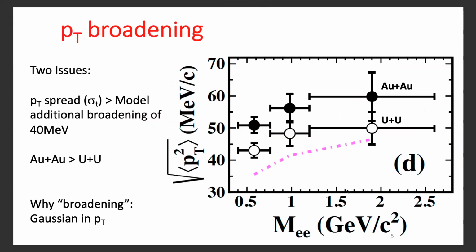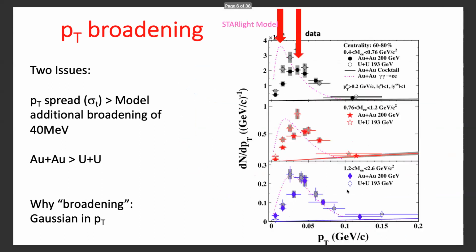In 2017 and 2018, we measured the momentum distributions from uranium and gold and compared with the QED calculations I just showed you, and you see a very big difference. We were very excited. If you compare with the model calculations, it's actually much broader.